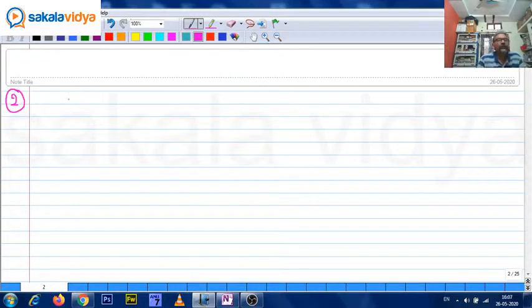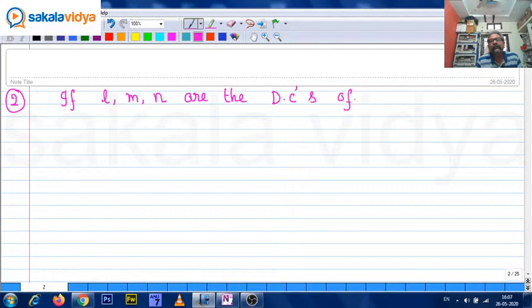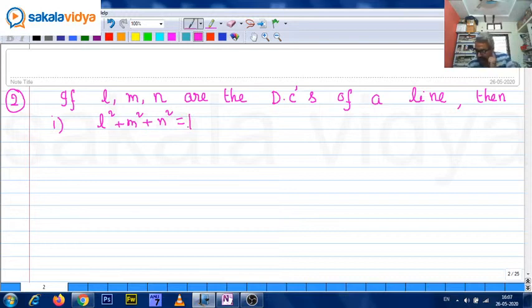See, we know that if L, M, N are the DCs of a line, then in that first point, L square plus M square plus N square equals 1.